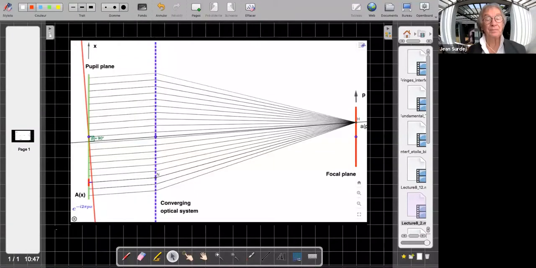So we see here, for instance, that just at this particular position, the phase delay is 0, whereas here it increases negatively, and when it goes down, it increases positively.